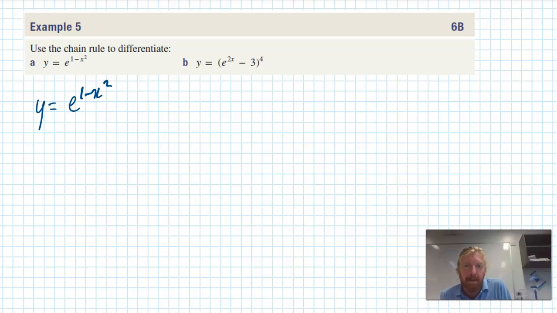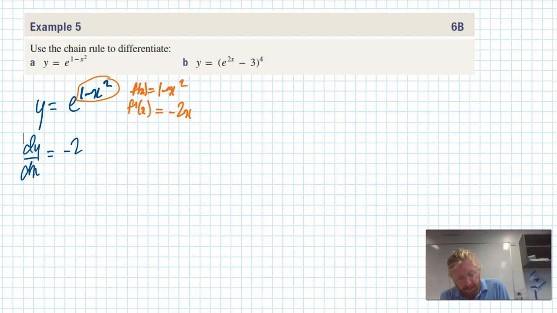Now the derivative of 1 minus x squared, well, this is kind of the chain rule, isn't it? If f of x equals 1 minus x squared, f dash x would be minus 2x. So dy dx equals minus 2x e to the 1 minus x squared.